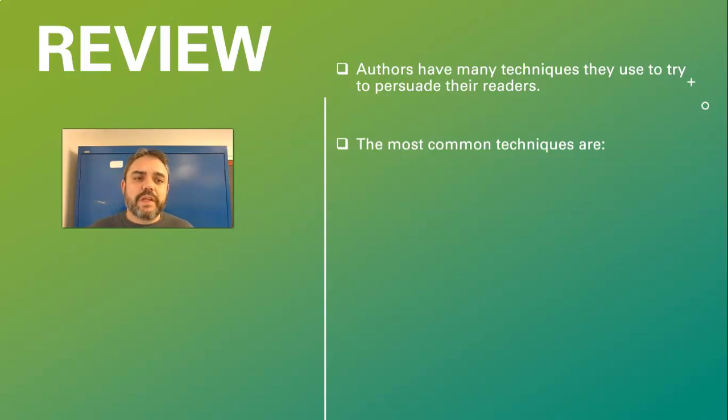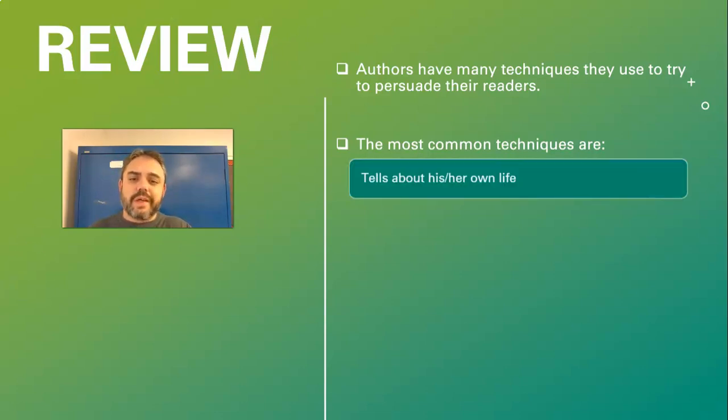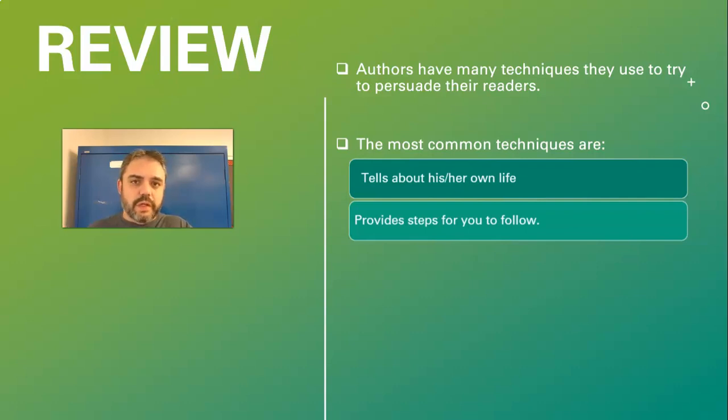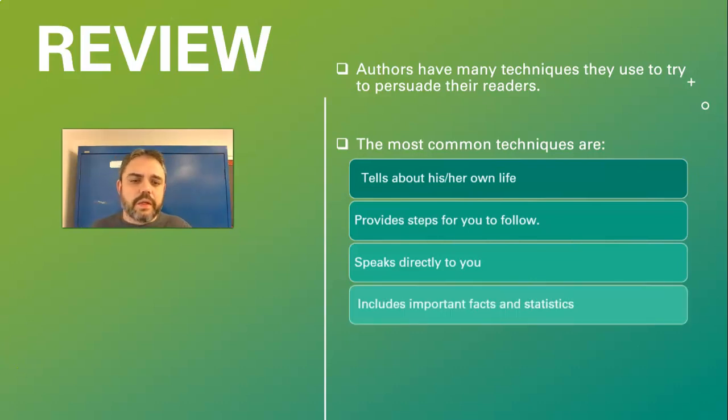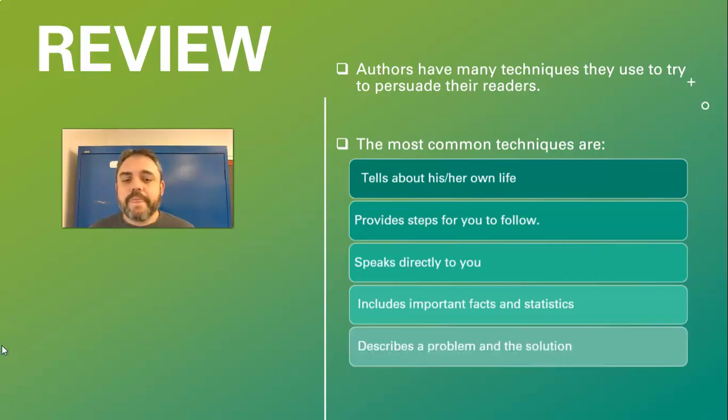We talked about the most common ones, like telling about their own life, providing steps for us to follow in order to do the action that they want us to do. They often speak directly to us using the understood you, and include important facts and statistics. That's the logic part of persuasion. I can't argue with math, and I can't argue with science. Right? And they describe a problem and the solution.